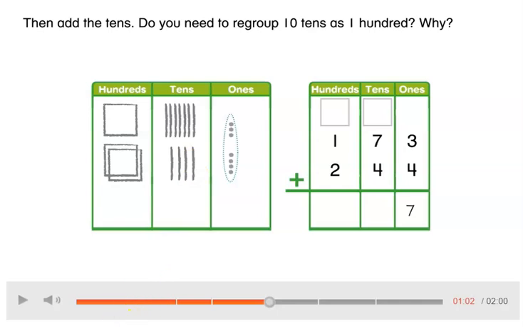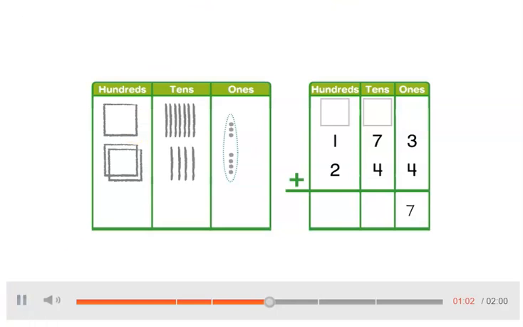So if I tried to put my answer right here, I would get 11. And the number's more than 9, so we need to zoom it up, right? So I'm going to put my 1 up there, just like that, okay? And it's going to go away so we can finish watching. They'll do it for us.